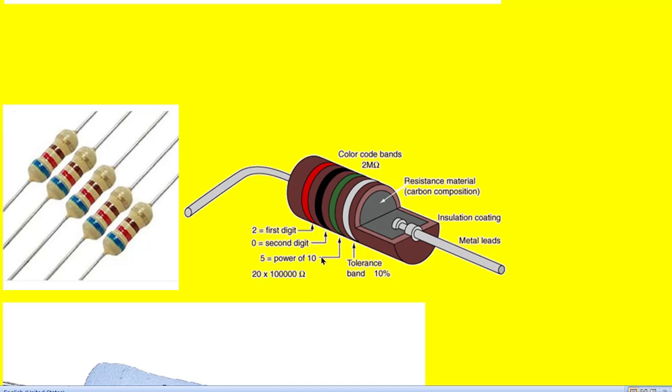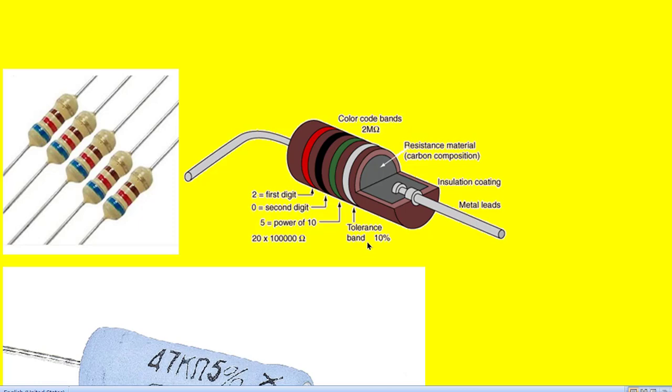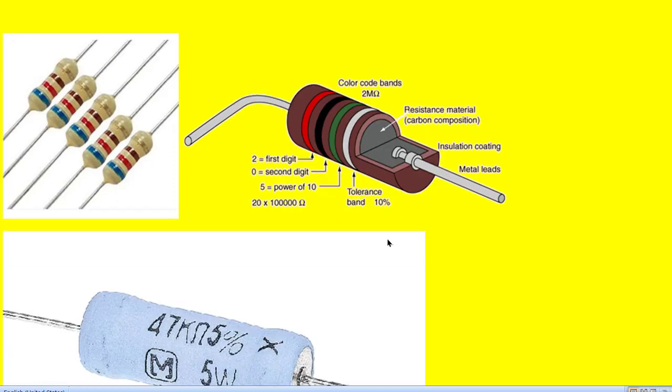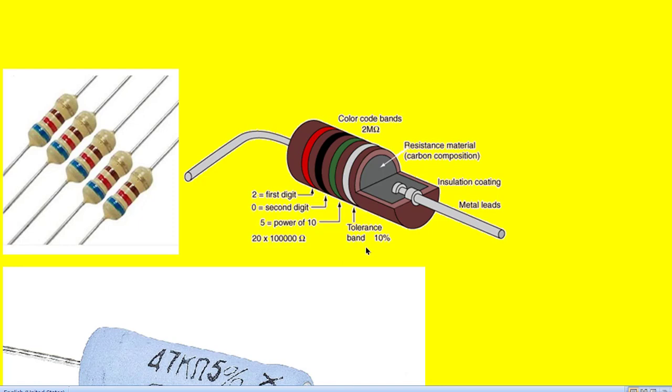This band represents the number of zeros to be put after this 20, that is, 5 zeros we have to put. That is 20 into 10 power 5, which is what we have written here. And for the tolerance band, it is not gold color, it is silver, so the tolerance is 10%.